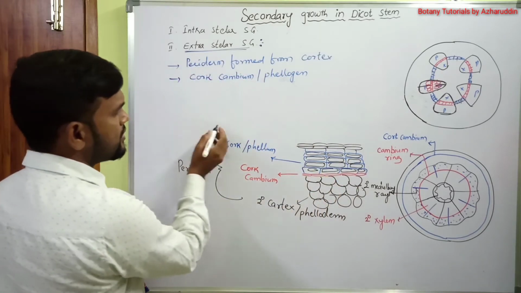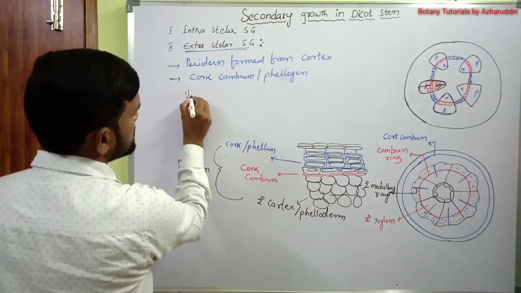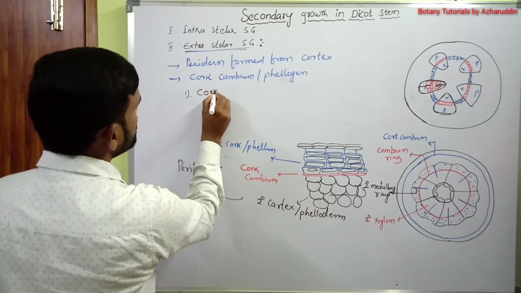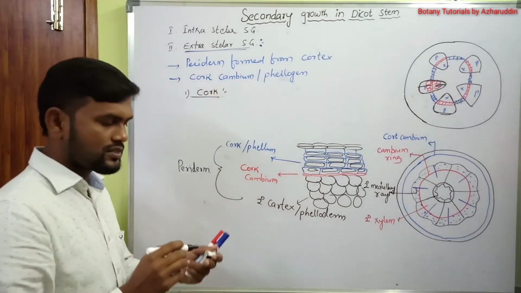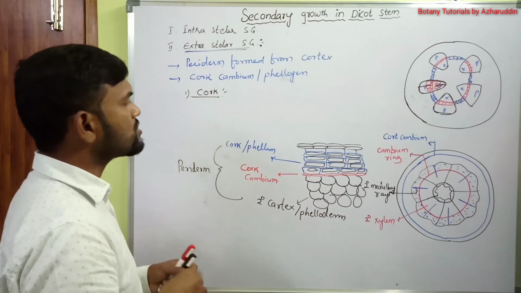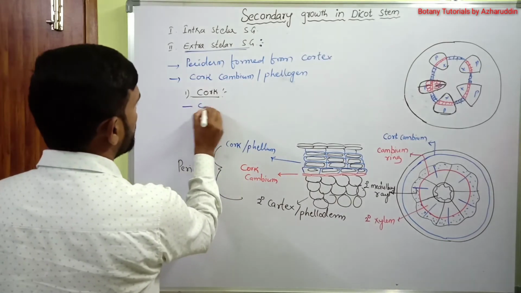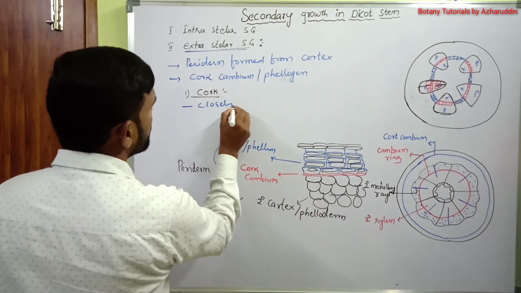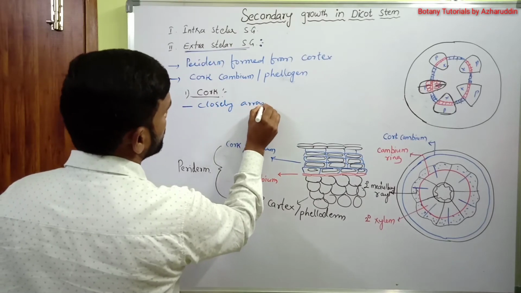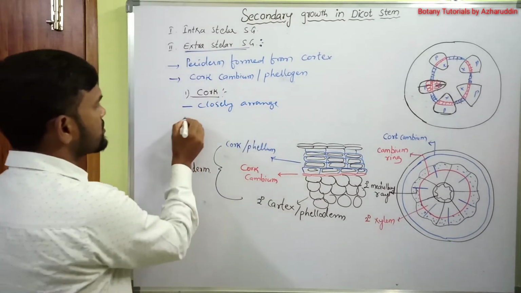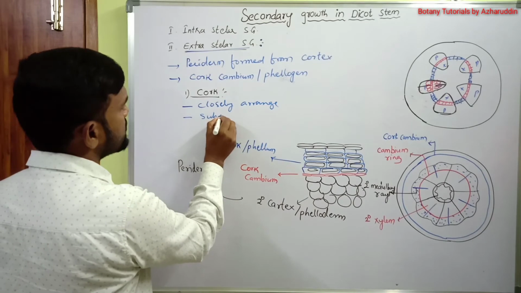I am writing here: first one is cork. In the cork, how are the cells arranged? They are closely arranged and cell walls are suberized.